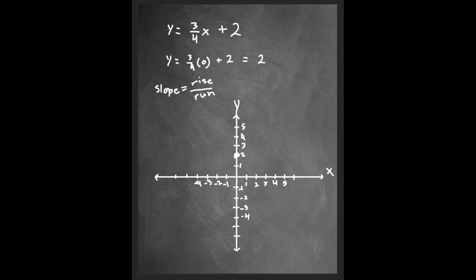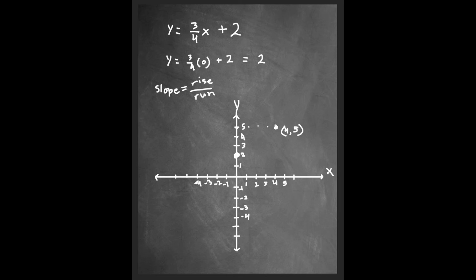And we run 4. 1, 2, 3, 4. I shouldn't have had little spots there, but you get what I'm saying. So here's our other point. It is at 4, 5, where x comes first and then the y comes second. And it's 4x and 5y.